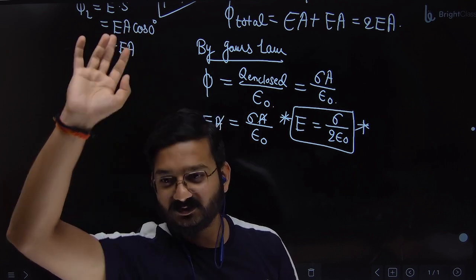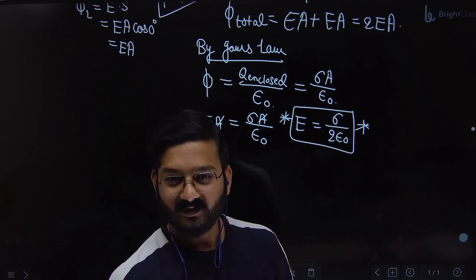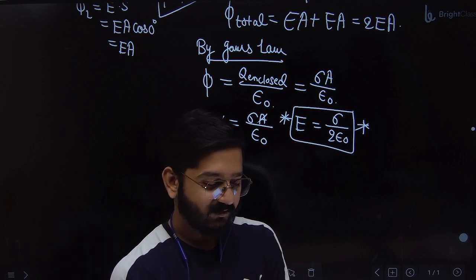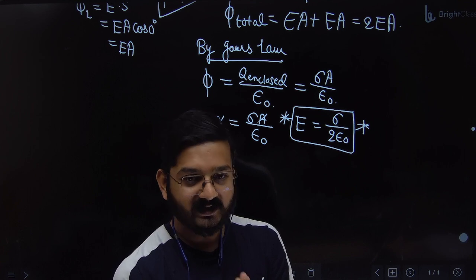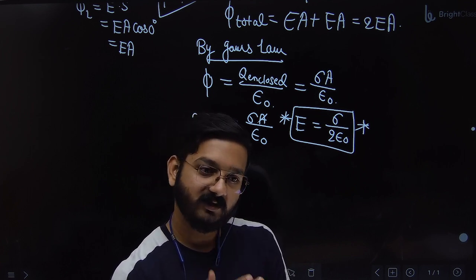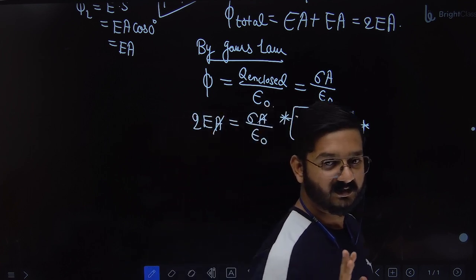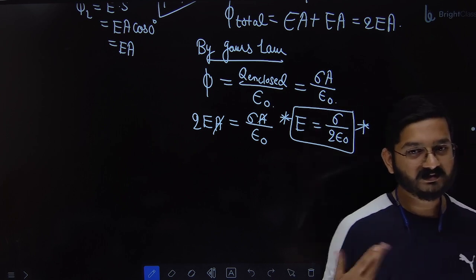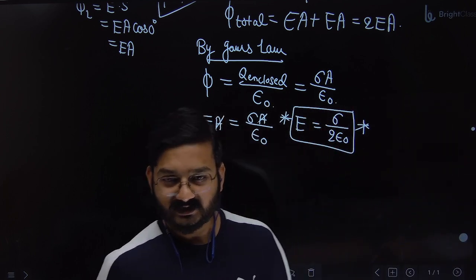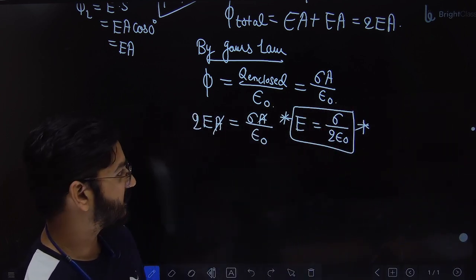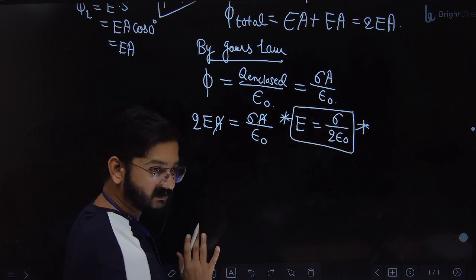If you go that much, obviously there will be no effect. But within the range, whether someone is at 1 centimeter or 10 centimeter, the value of the electric field will be the same. If you go very far, obviously there will be no effect. Everything has a capacity. But in general, it is independent of the distance.